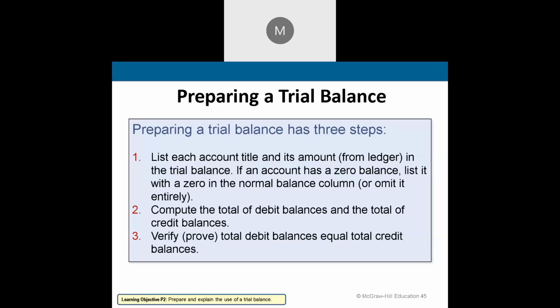And we provide the balance of all of those accounts. And we list it out. And we verify that the debit column equals the credit column. What this does is it proves that the balances are correct. Yeah, we call that a trial balance. We're trying to get it to balance. Trial balance.